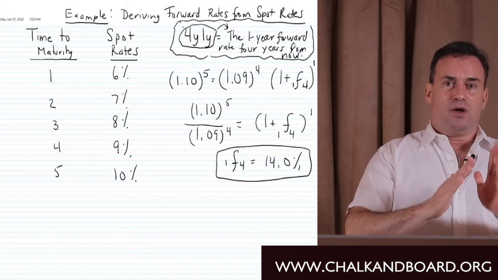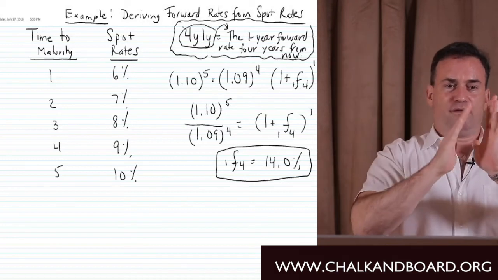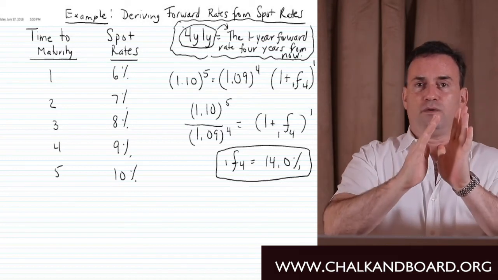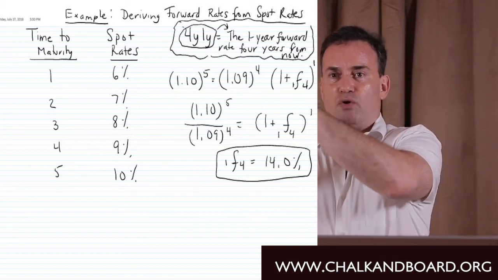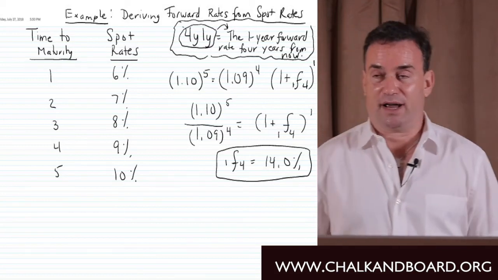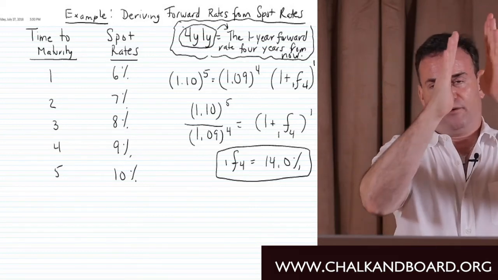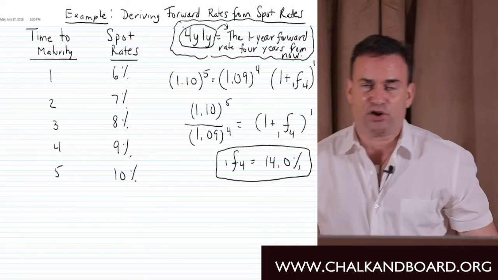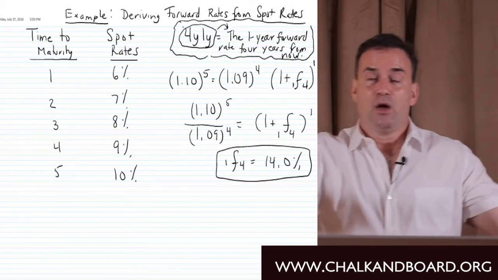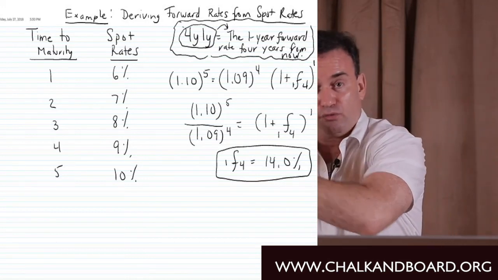They would say that they expect future short-term rates to rise. A downward sloping yield curve would be an expectation that future short-term rates are expected to decrease. And if a yield curve is flat, we're expecting future short-term rates to remain the same.